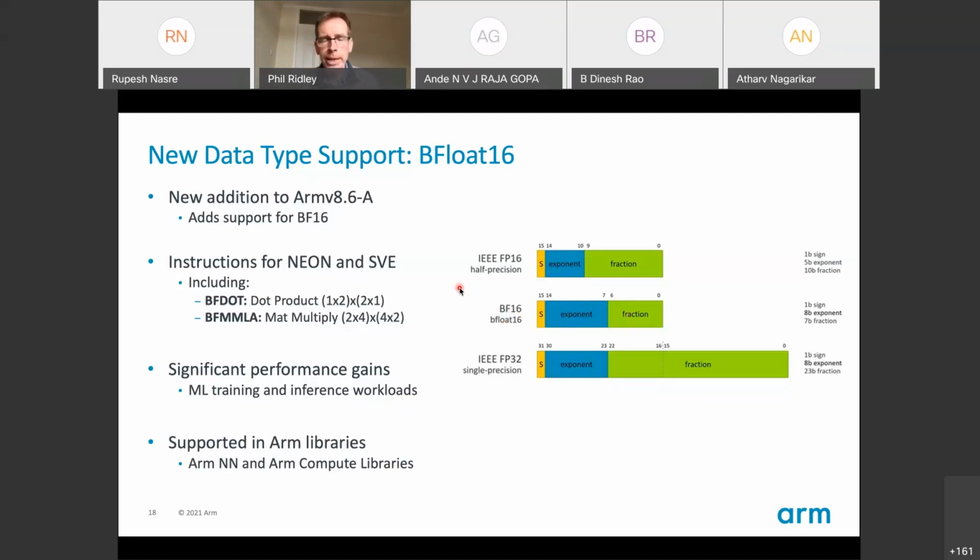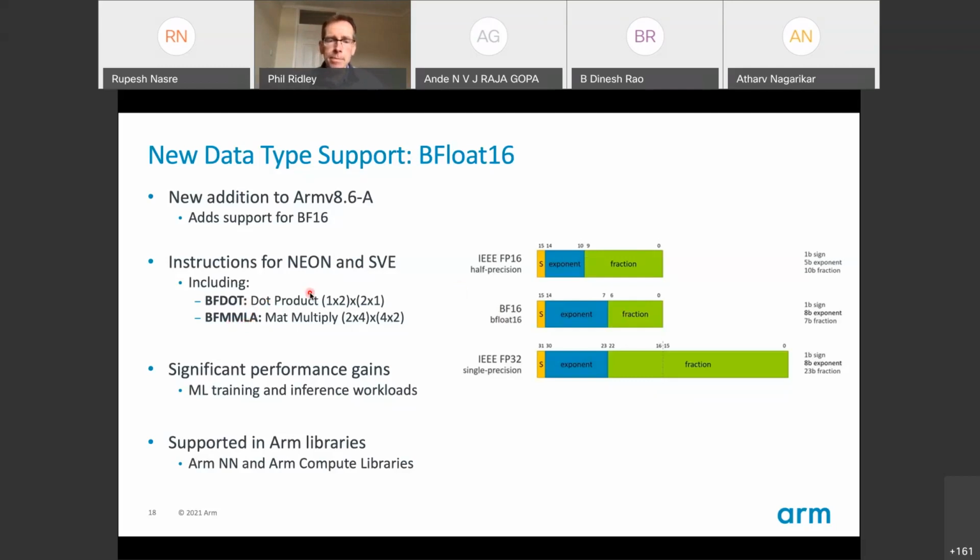We've also introduced instructions that you can use with vectors for Neon and SVE. So the BFDOT and BFMMLA. So you've got a dot product instruction and a matrix multiply instruction, and those are both on CPU.